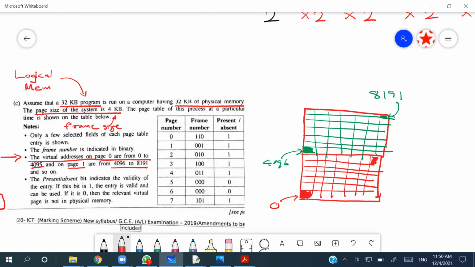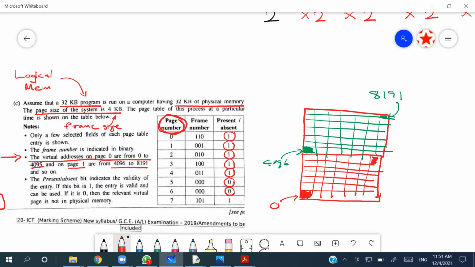If it is 0, then the relevant virtual page is not in physical memory. So when the present/absent bit is 0, the page is not present in the physical memory. When it is indicated by 1, it is talking about the virtual page, not the physical memory.